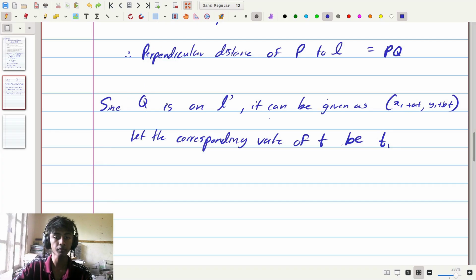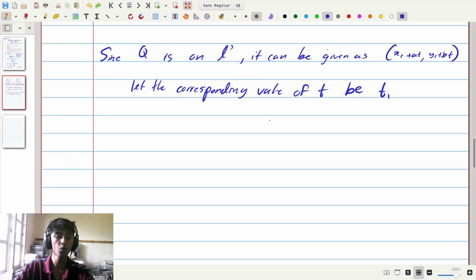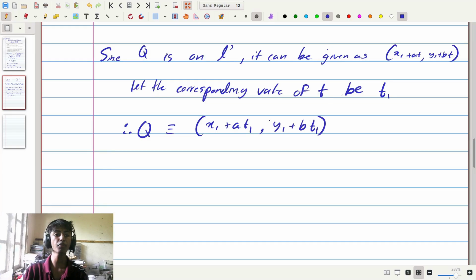So t1 is the special value of t for which we get the point Q. Now according to that, if we substitute, Q is therefore going to be given by x1 plus a times the special value of t, which is t1, y1 plus b times the special value of t, which is t1. And therefore the coordinates of Q are given like so.